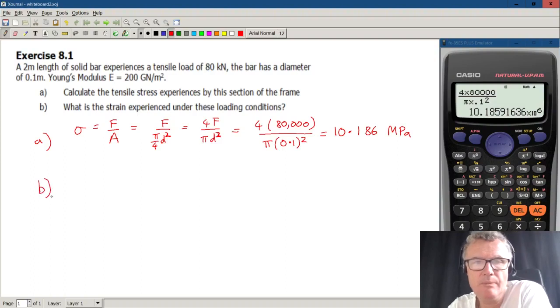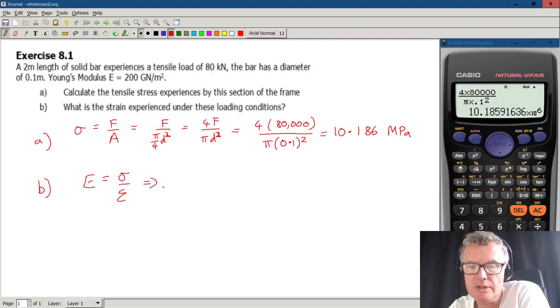Part B, what is the strain experienced under these conditions? So we're looking at stress and strain here. What's the relationship there? Well, I know Young's modulus is stress over strain, and so I want to rearrange this to find the strain.